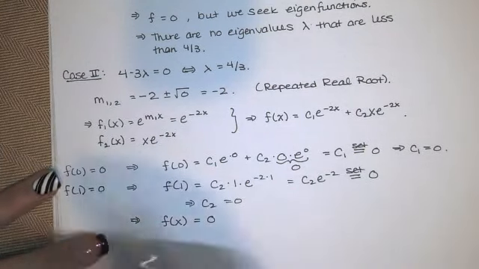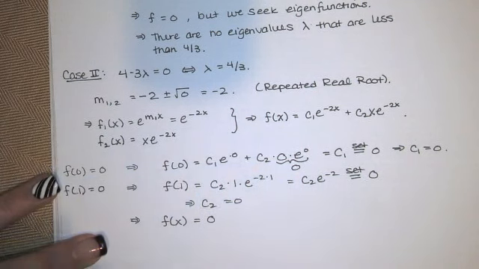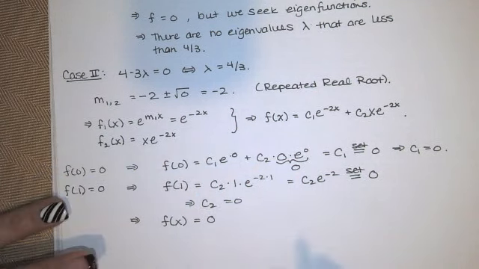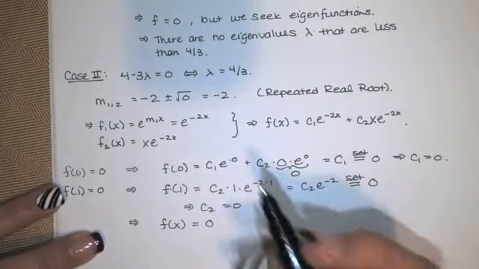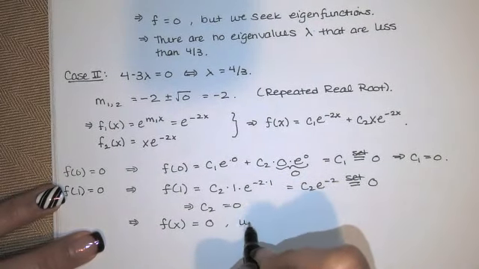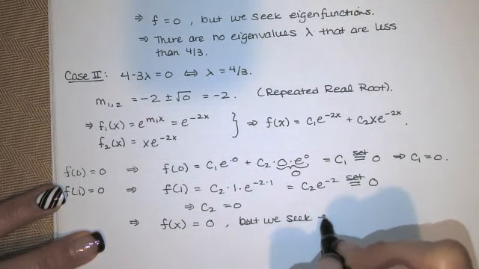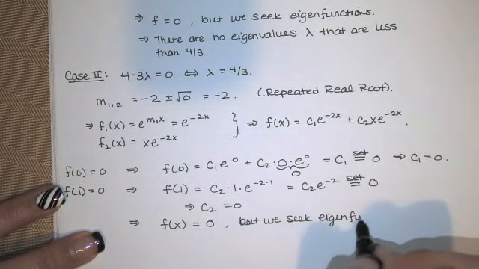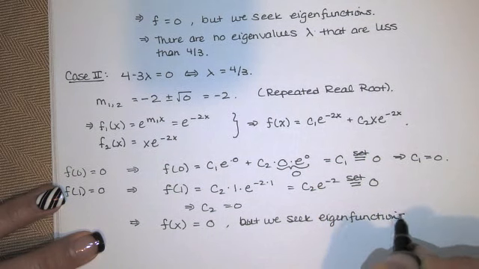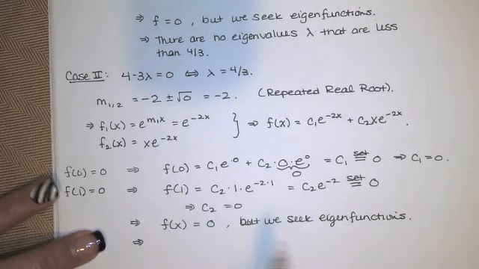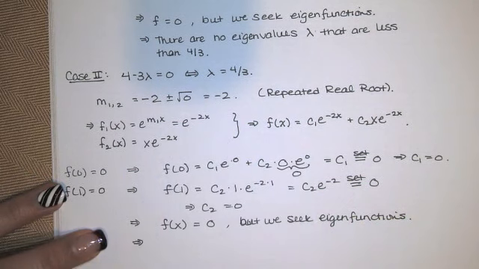But we're not seeking just any solution to the boundary value problem. We want eigenfunctions. We want non-zero solutions to that boundary value problem. Since we're seeking eigenfunctions, this is not going to work. So that means lambda must not equal 4/3.